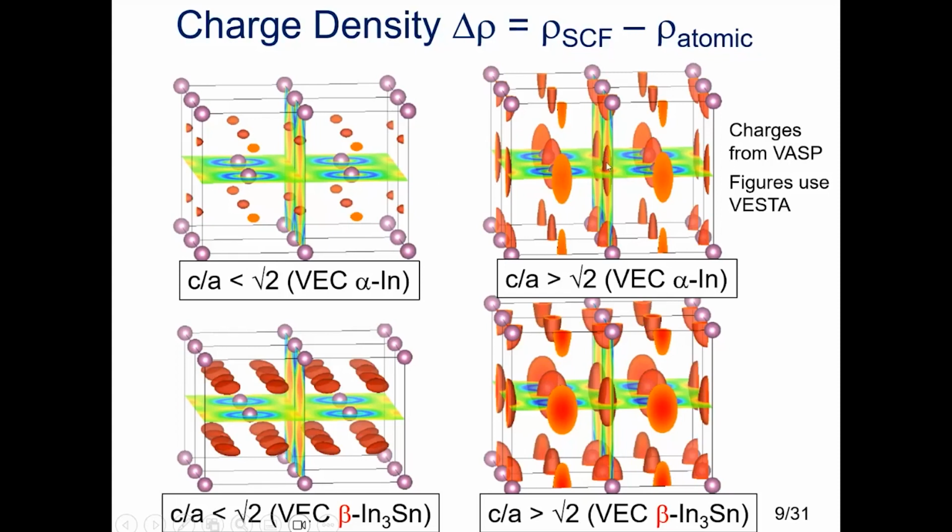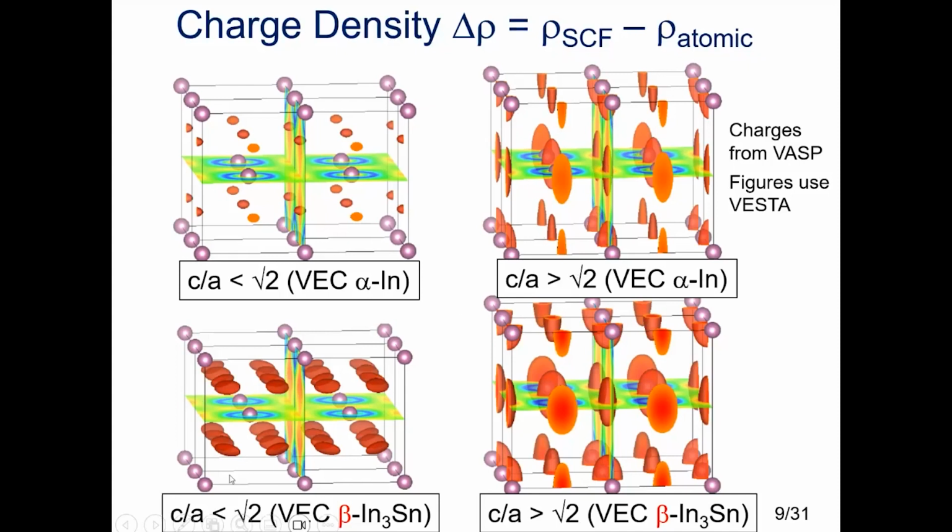And you see there's an accumulation of charge density in the region of space in between, which tells us that a strong covalent bond has formed in the horizontal direction. That strong attraction in the horizontal direction will tend to reduce the A axis. Holding the volume roughly constant will then increase the C axis. And that's what favors this tetragonal distortion, favors C/A greater than the square root of 2.